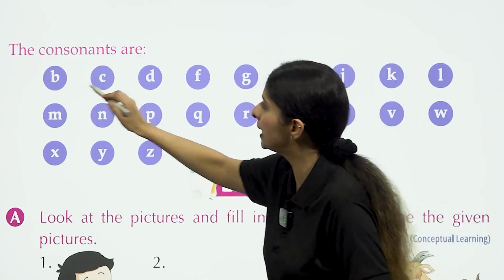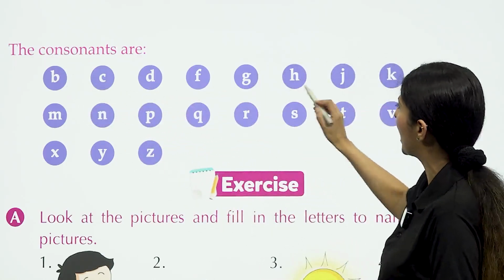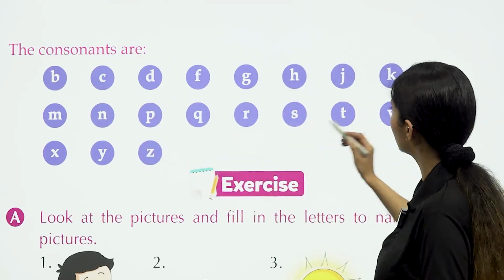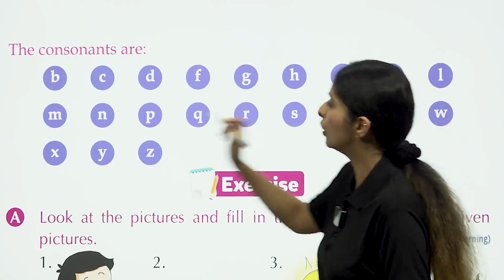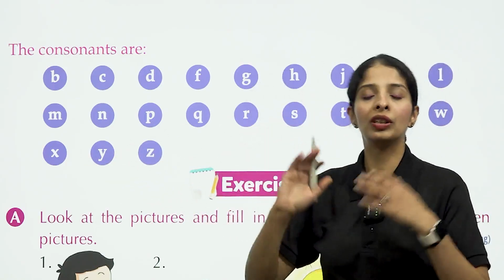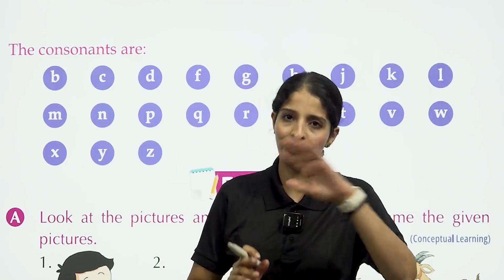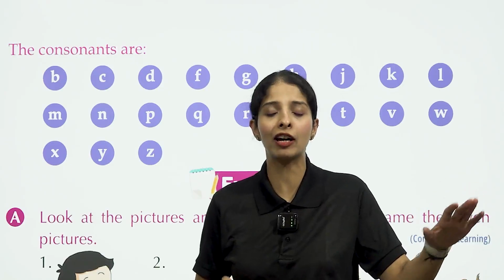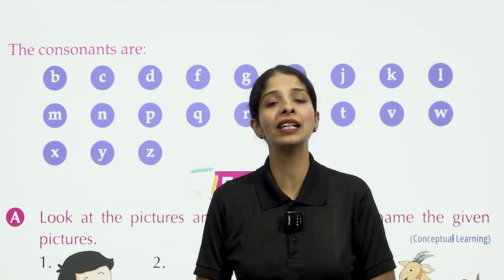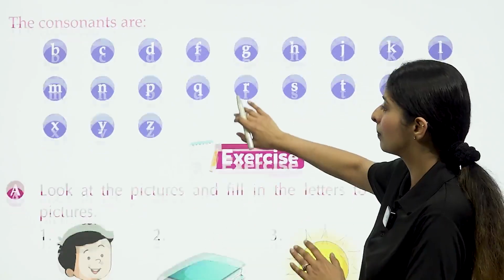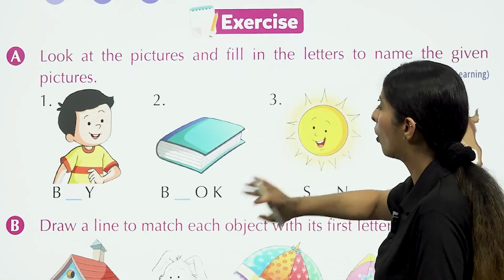These are B, C, D, F, G, H, J, K, L, M, N, P, Q, R, S, T, V, W, X, Y, Z. So, from 26 letters, 5 are vowels and the remaining 21 letters are consonants. Children, this concept is very, very important.